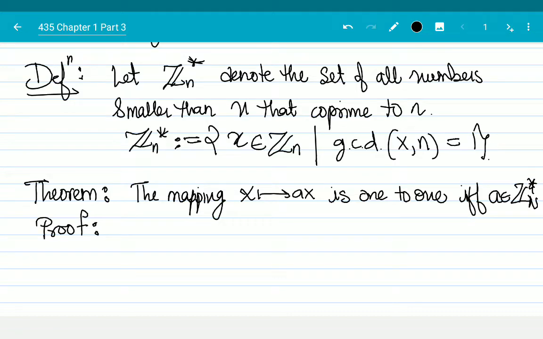If and only if means I'm going to prove it this way and the other way. So let us first assume that the mapping is 1-to-1.